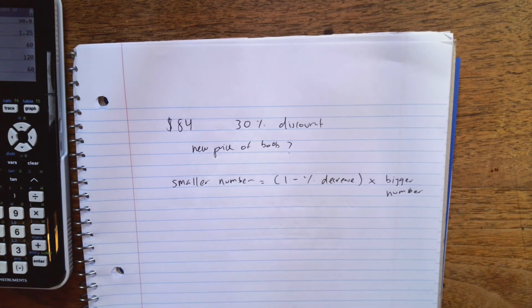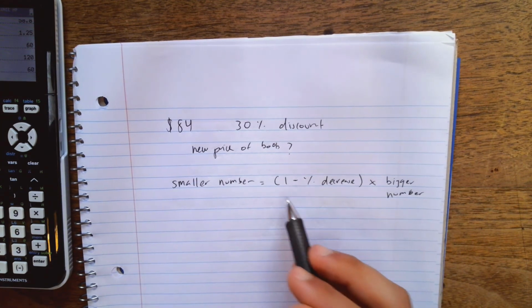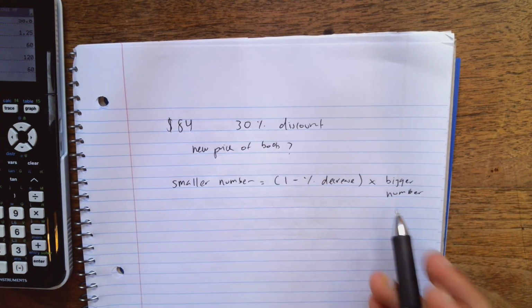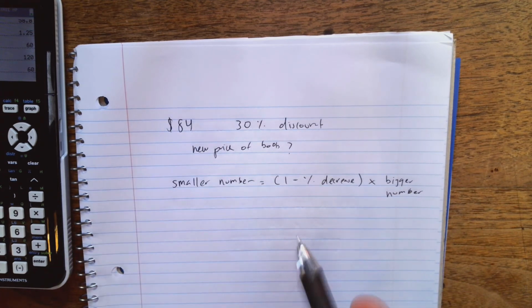So it's almost like the percent increase problems flipped around. There's a subtraction sign, the smaller number's on the other side from the bigger, and we're given the bigger number instead of the smaller number. Like I said, we're going to go into this more in depth tomorrow and practice it, but just for now, let's get it done.